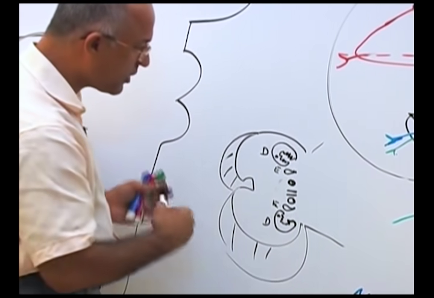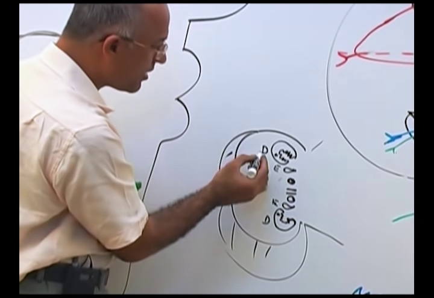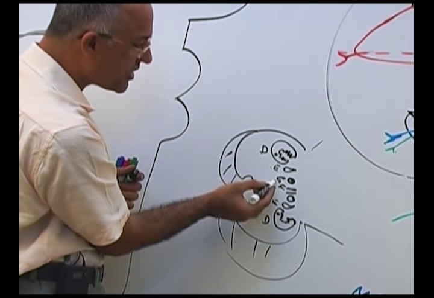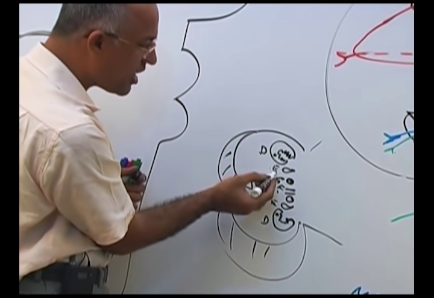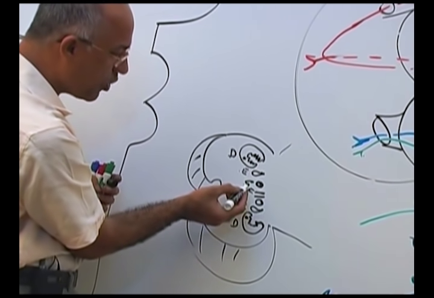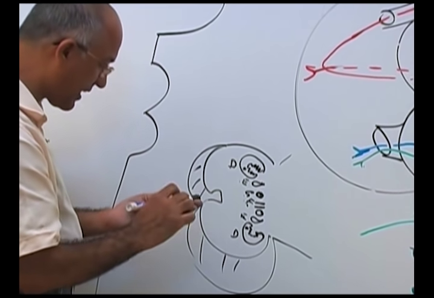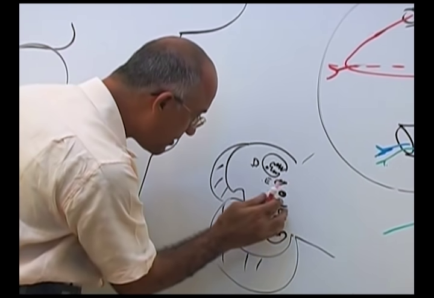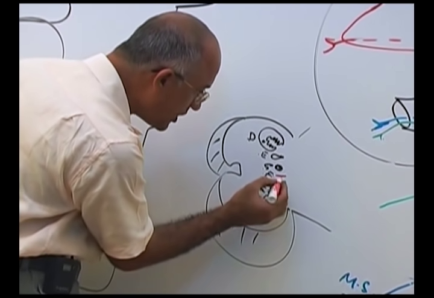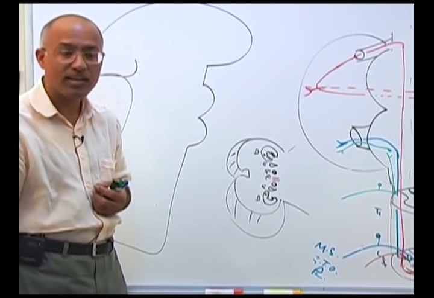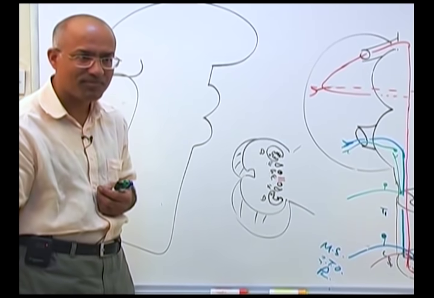And all of you must know there's a mnemonic: don't eat greasy food. Dentate, emboliform nucleus, globose nucleus, and fastigial. Now here I want to make it clear. This nucleus, which is fastigial, is intimately related with what? Vestibular system. Is that right?